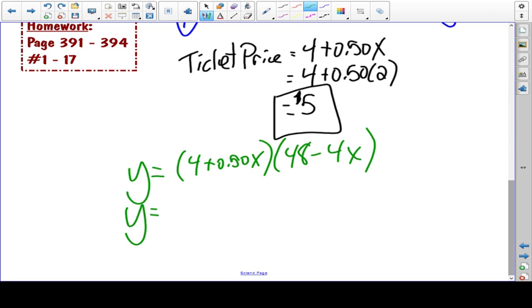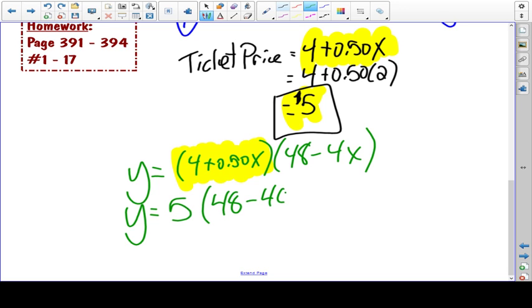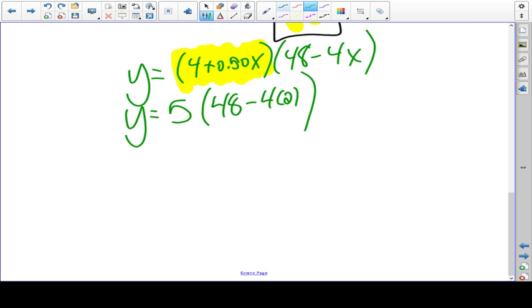So we know if we plug in 2, and we just did this work, so I'm not going to do it again. Plugging in 2 right here, we got $5. But if I plug in 2 here, it's 48 minus 4 times 2. 4 times 2 is 8. 48 minus 8 is 40.